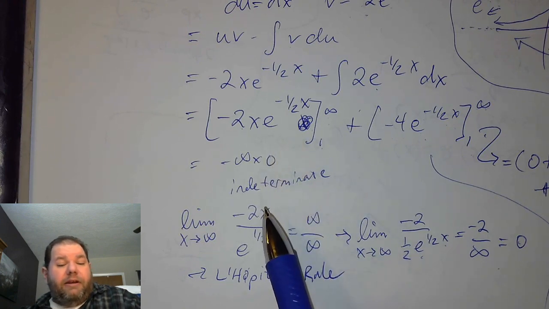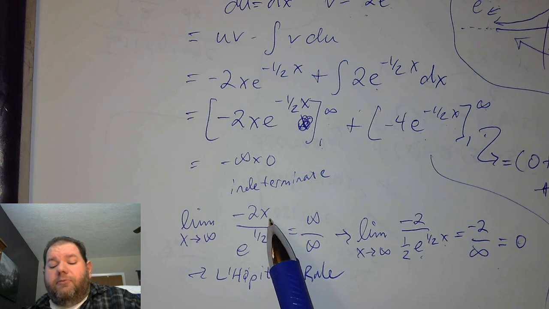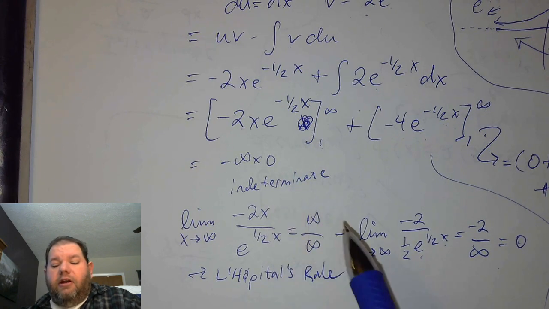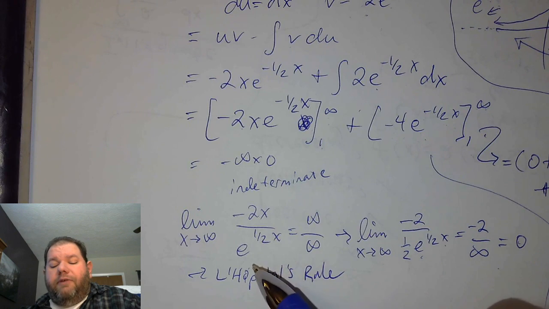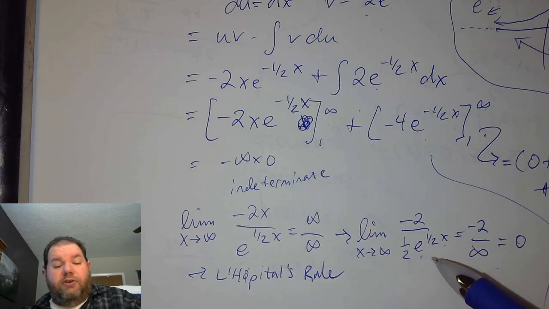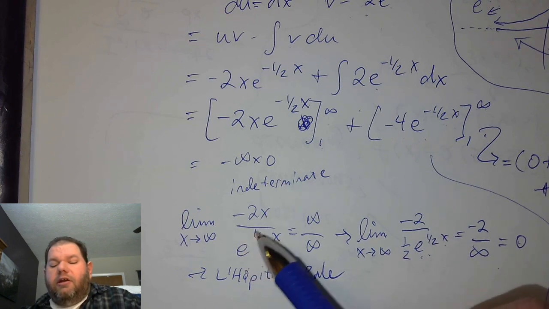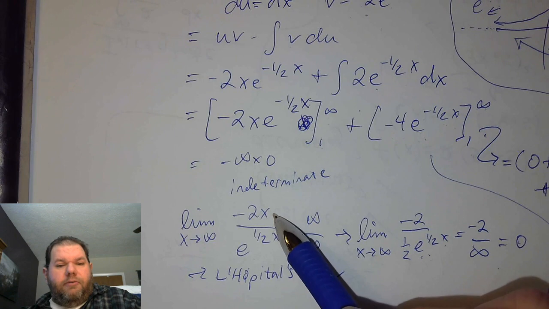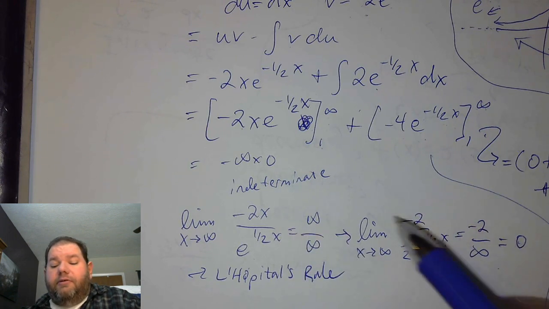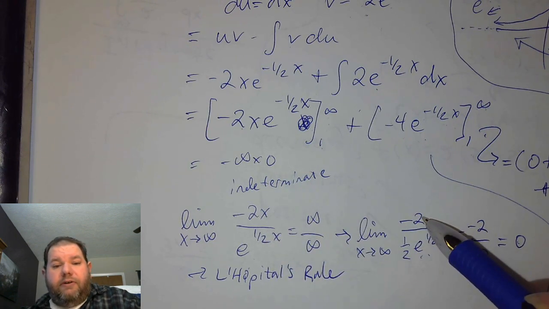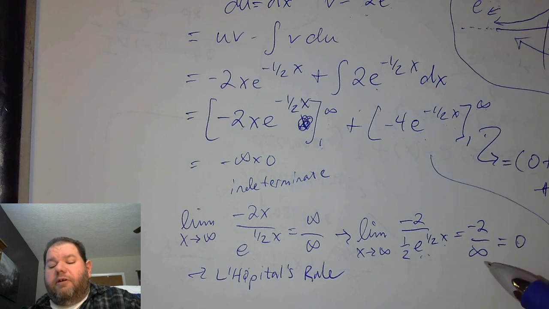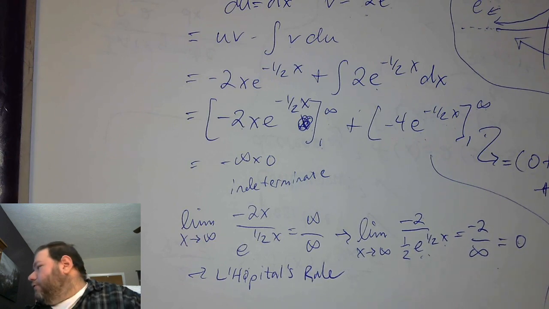Because what ends up happening in L'Hopital's rule is the polynomial, no matter what the exponent is, we know that if we keep taking derivatives of an exponential term, we'll still have an exponential term times, in this case, an extra constant. But if we take enough derivatives of a polynomial, eventually it goes to 0, or at least goes down to a constant. So we have a constant divided by infinity, which will always go to 0.